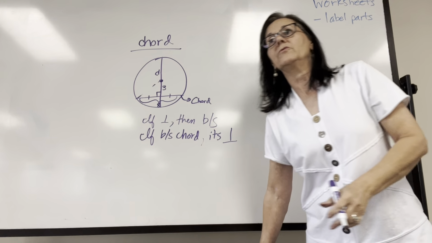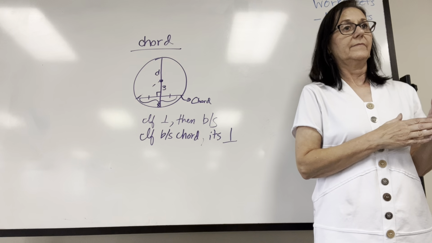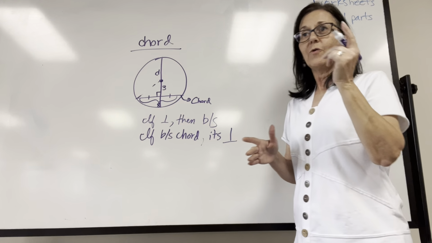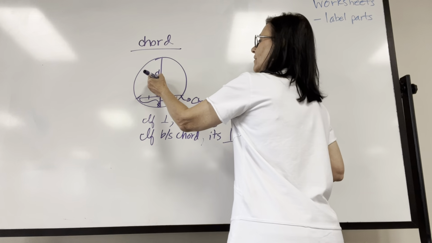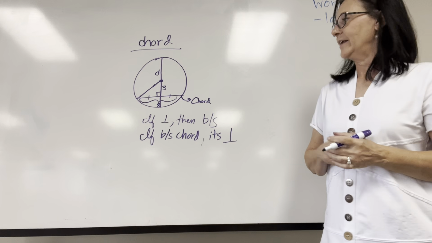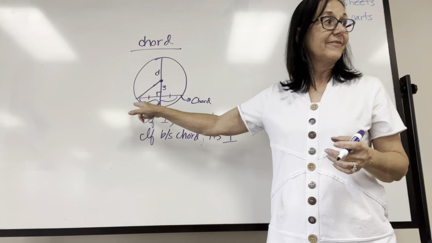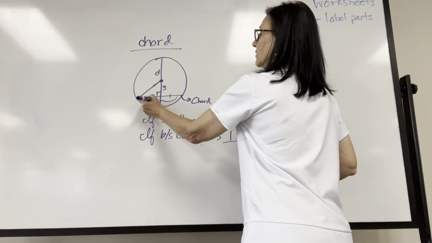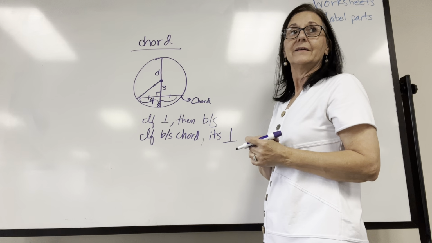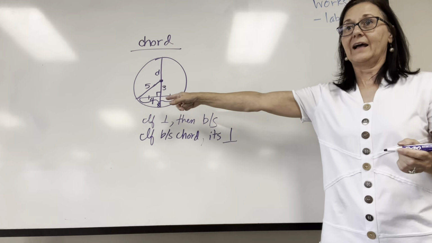But they're going to ask you, what's the length of the radius? So you're always going to draw a right triangle from the center to the end of that. What do we know about this length? It divides it in half. So this has to be 4. So what must the radius be? 5. It's a 3, 4, 5.